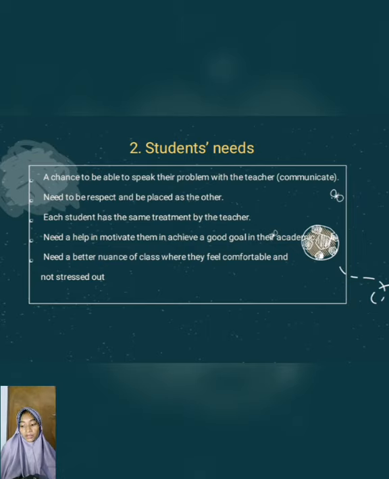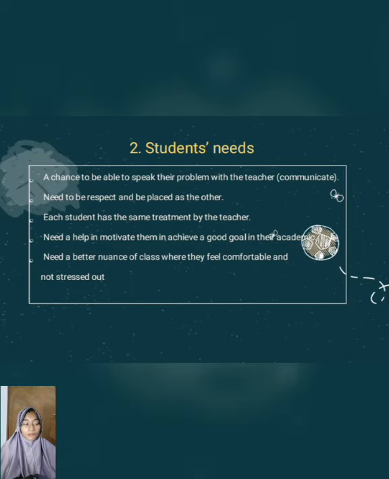The teacher has to help them find out what the problem or the issue is that becomes a barrier for them to understand the material, and then help them by giving motivation to get away from that bad situation.